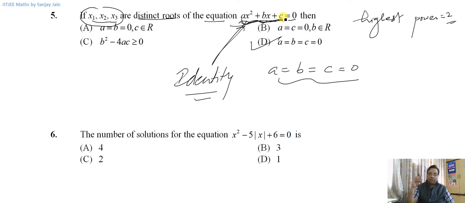So whenever you see that there are more than 2 roots of an equation looking like a quadratic equation, having the highest power of the variable as 2, then you can simply say that it is an identity and all the coefficients are 0. Okay, so let us discuss the next set of questions in the next video.